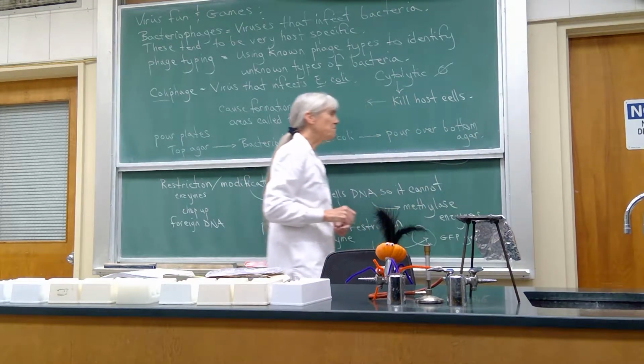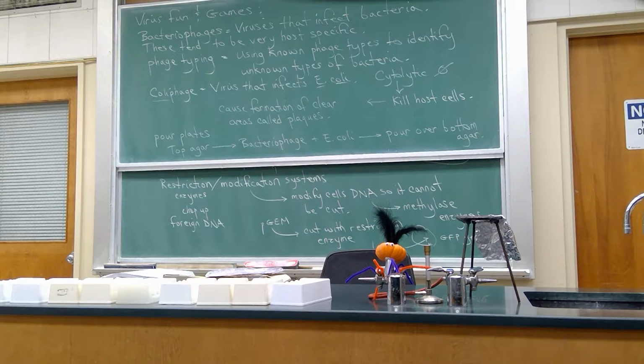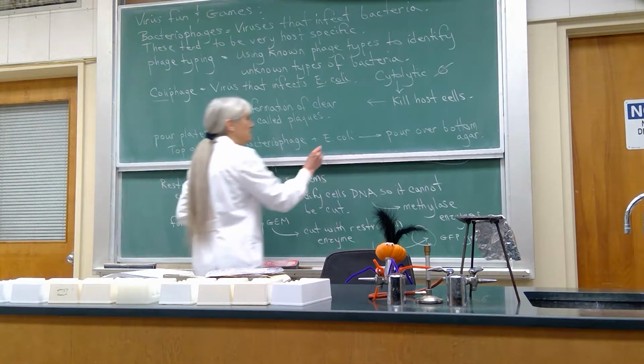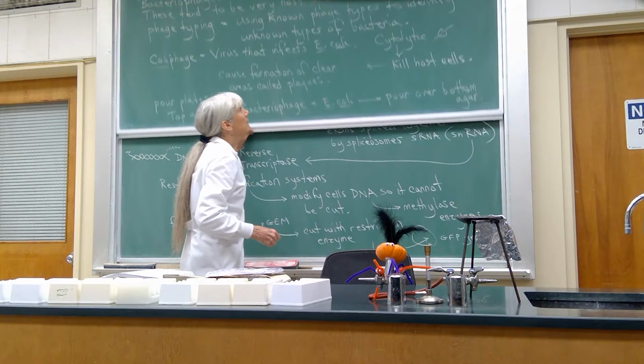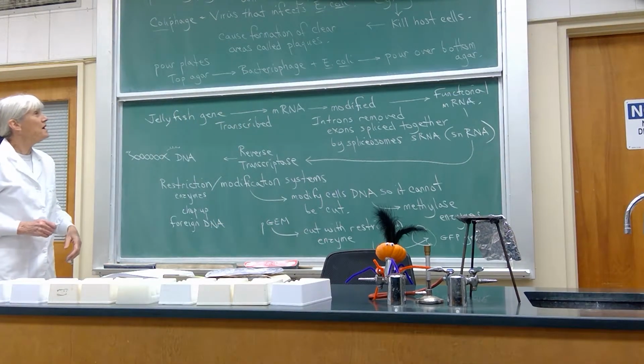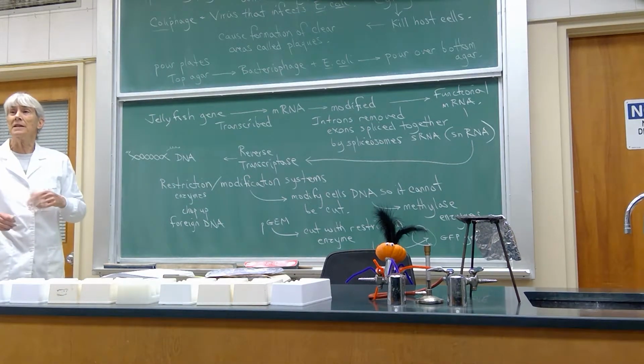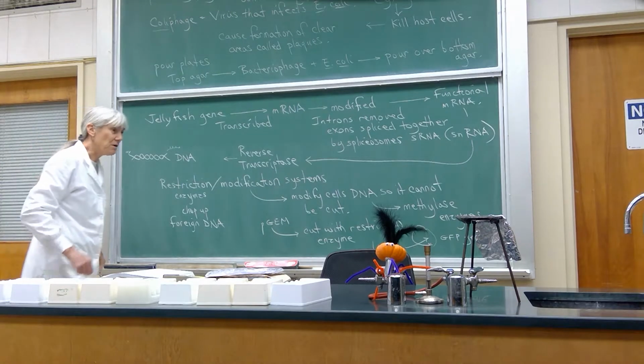So we're going to be using some media. The plates are called bottom agar plates, and you're going to be putting phage and E. coli into top agar, and then you put the top agar onto the surface of the bottom agar, and that's how you get this effect that you can see on those plates. So you're going to be making plates somewhat similar to that. But before we get started, the top agar has to be liquefied, and right now the top agar is solid.